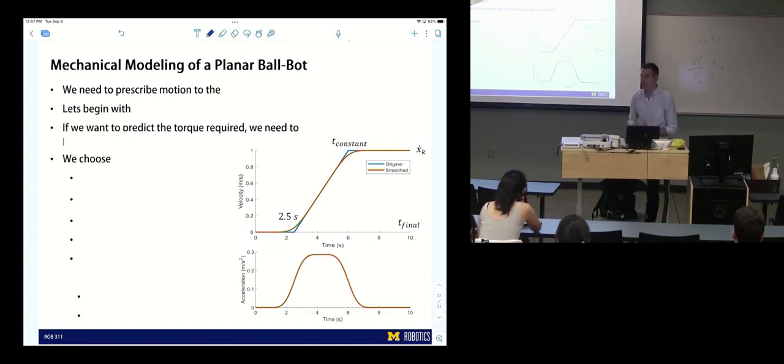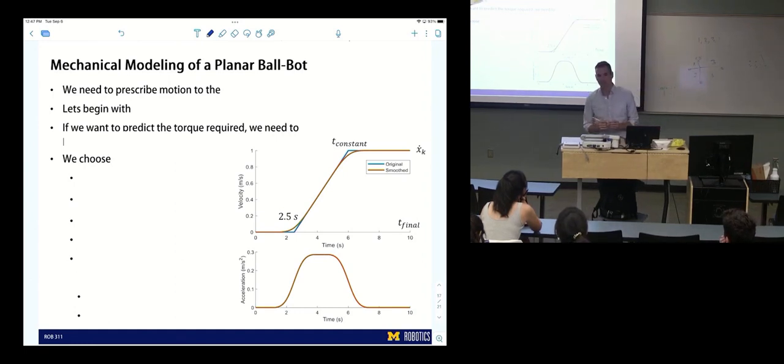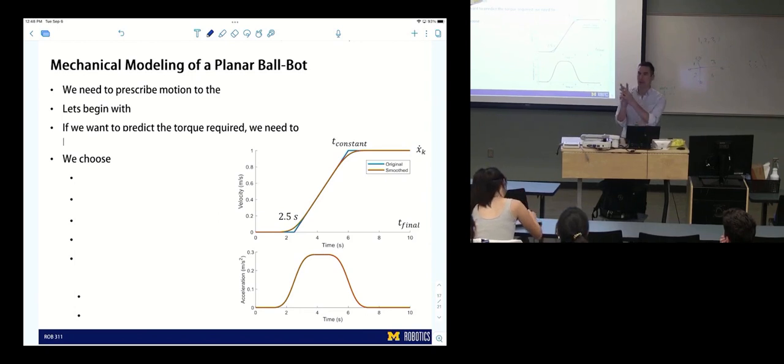Okay, so we've talked about the planar ballbot, some vocabulary, some different coefficients that exist. And we talked about its 4 degrees of freedom reduced to 2, and we're going to prescribe motion for these 2 degrees of freedom. This is sort of the last step before we can actually model it, do free body diagrams, and then calculate.